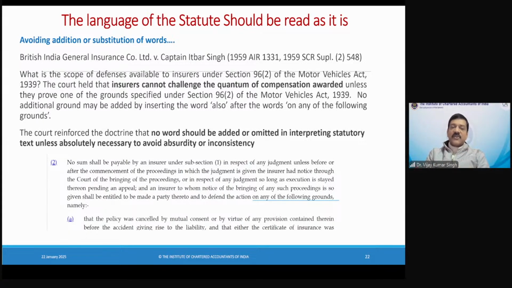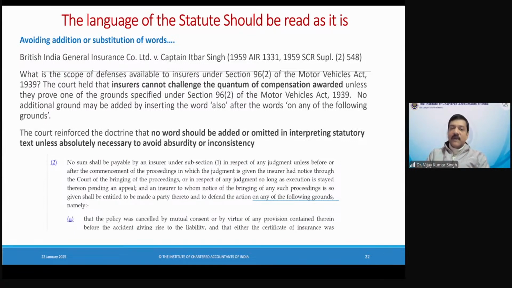So the court reinforced the doctrine that no word should be added or omitted in interpreting statutory text unless absolutely necessary to avoid absurdity or inconsistency. So since the statute was very clear, there was no requirement of adding the word 'also' in this. So this is how the statute should be read. You cannot add or substitute a word in the statute unless there is ambiguity. If there is an ambiguity, then definitely for making it workable, the fourth principle, you remember?